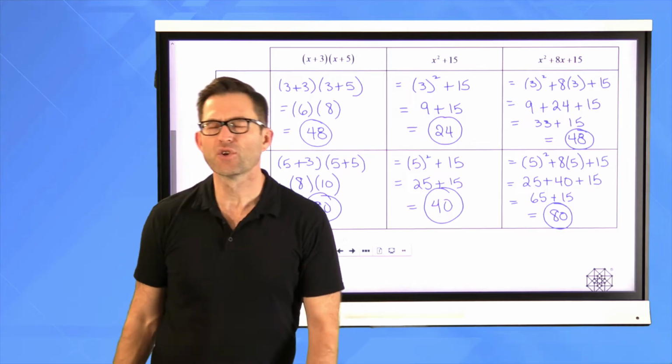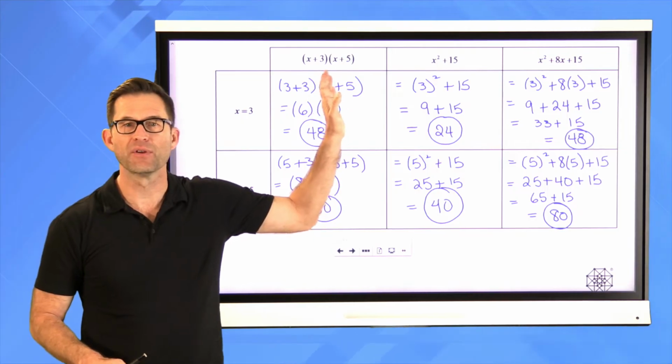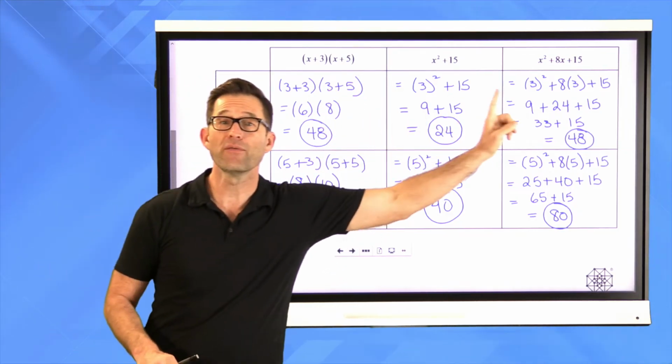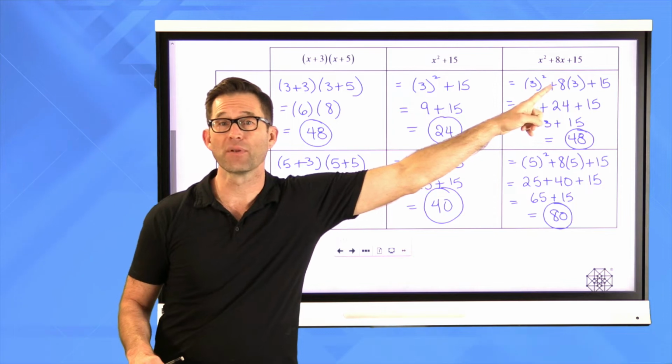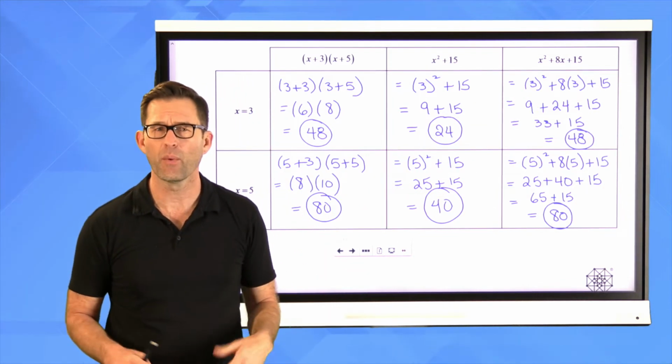So we now have some good evidence that the first expression, x plus 3 times x plus 5, is equivalent to the last expression, x squared plus 8x plus 15. We have not proved that they're equivalent, but we definitely have evidence.